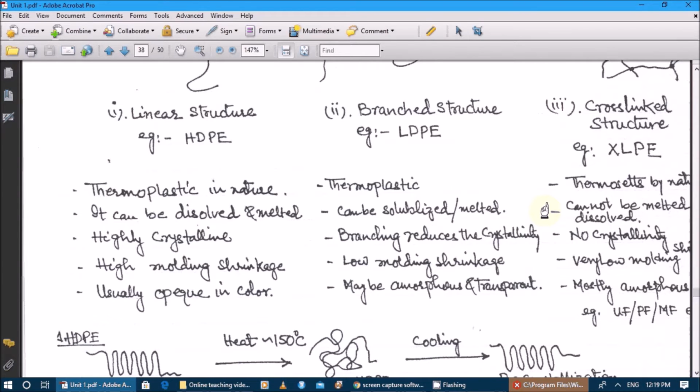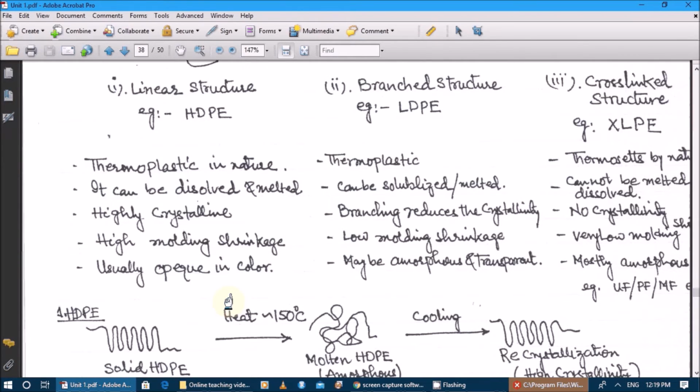It doesn't have any crystallinity, and it exhibits very low molding shrinkage, and mostly it is amorphous. Examples of cross-link thermoset structure are urea formaldehyde represented as UF, phenol formaldehyde PF, melamine formaldehyde MF, epoxy resin, etc. These are examples of cross-link structure, and they are thermoset by nature.